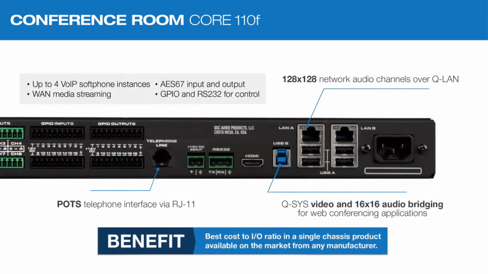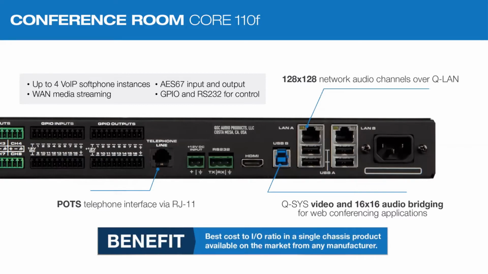You can load 4 soft phones on the Core 110F, so you can actually make phone calls using it. An RS-232 port for third-party control, and USB bridging, which will present a webcam to the PC, which means you can present any Q-SYS camera on the network, and any audio channels in the Q-SYS environment, to the PC via USB connection. And then the 2 LAN ports, LAN A and LAN B, for the QLAN environment.